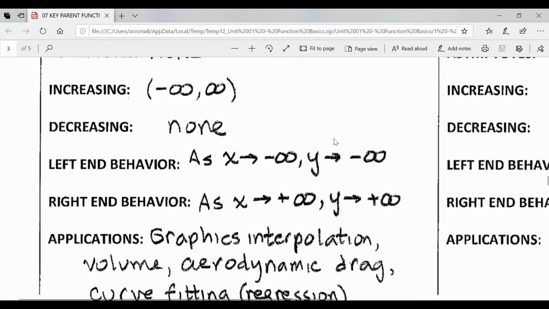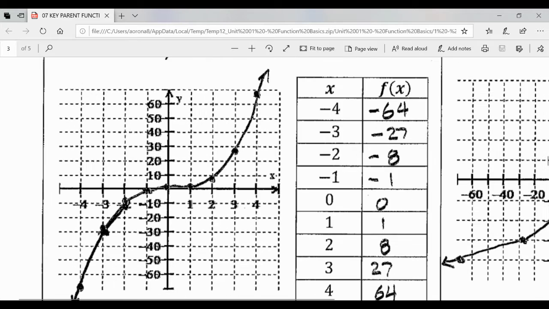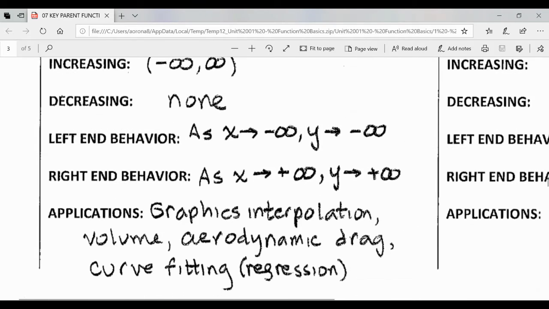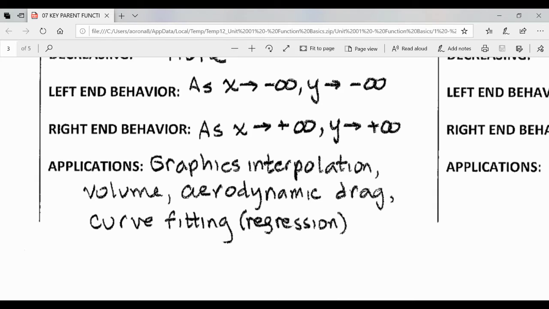On the left side, it's going down, so that'd be negative infinity. On the right side, it's going to positive infinity. So we can see that here. Again, the left side is going down, the right side is going up. Applications include aerodynamic drag, regression, and interpolation. Volume. This goes a little bit into calculus, so if you're interested in that, you might see some of these.